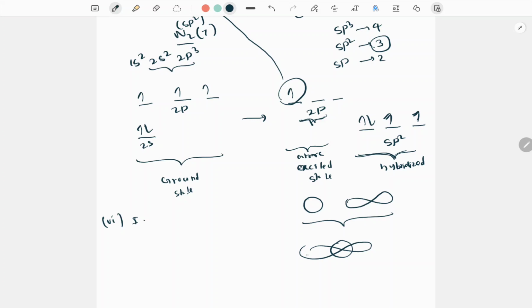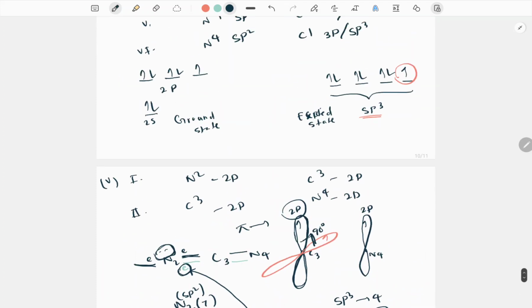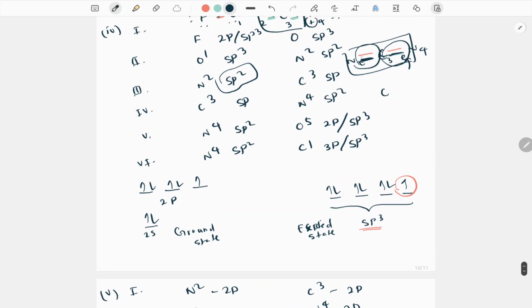And in these sp hybridized orbitals, 2 unpaired electrons are present on either side, and these are the electrons involved in these 2 sigma bonds, right?